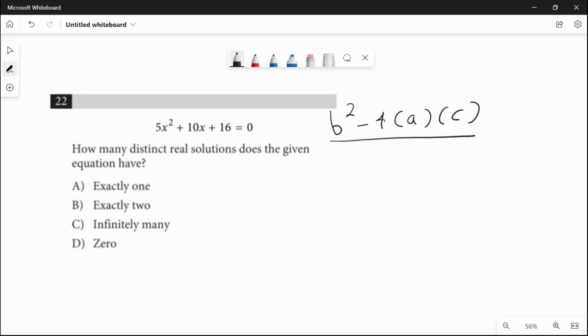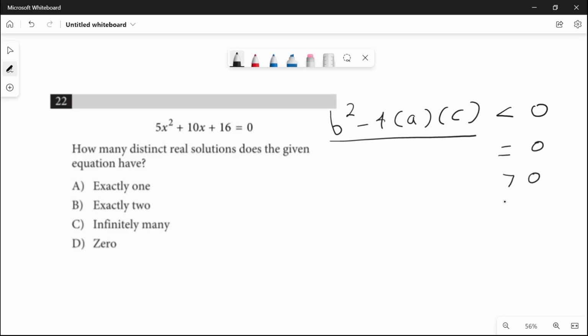If the value of this expression is less than 0, we will have no solution or 0 real solutions. If it is equal to 0, we'll have only one solution, and if it is greater than 0, we will have two solutions.